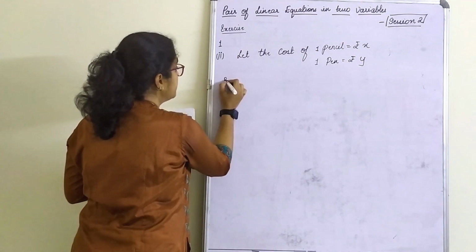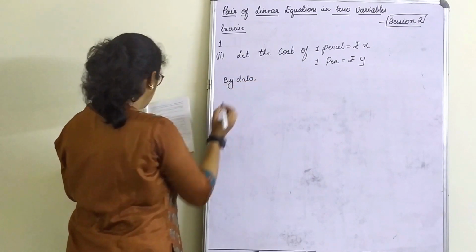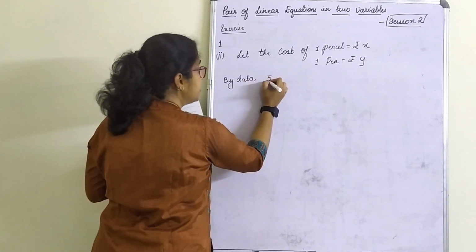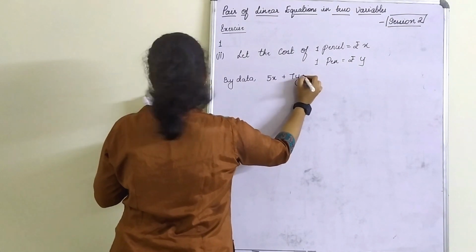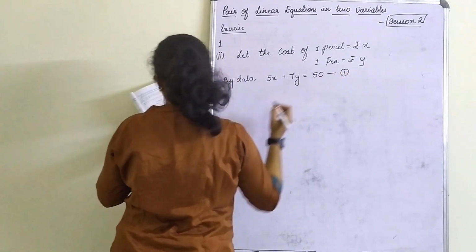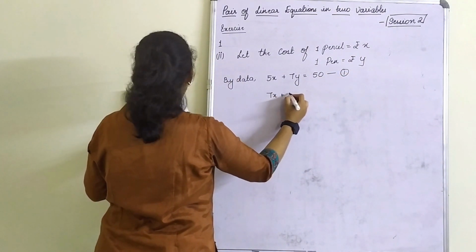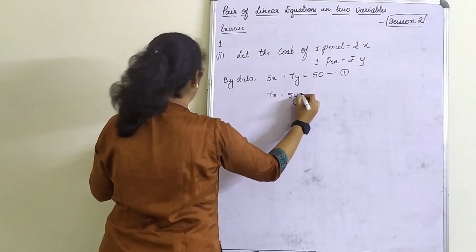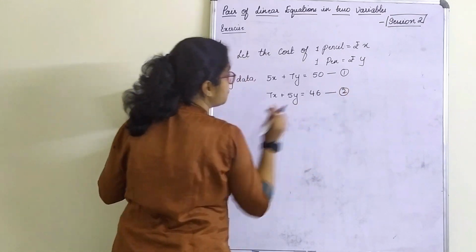So by data, the cost of 5 pencils, 5x plus 7y together cost rupees 50, equation 1, and wherein 7 pencils and 5 pens together cost rupees 46, equation 2.